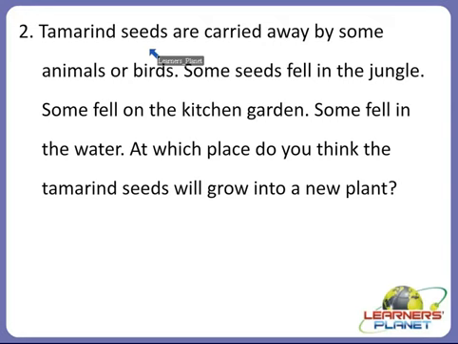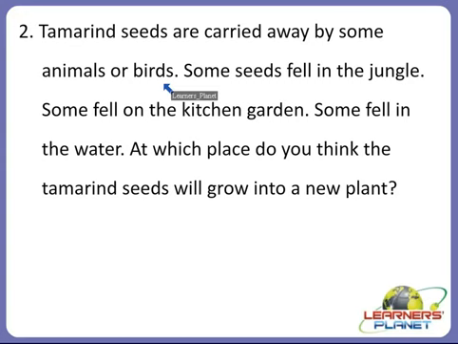So in this way, some animals or birds travel in the jungle, and the seeds got dispersed or they fell in the jungle. Then some of the birds travel to the kitchen garden. So some seeds fell on the kitchen garden and some fell in the water because of the dispersal by animals or birds.